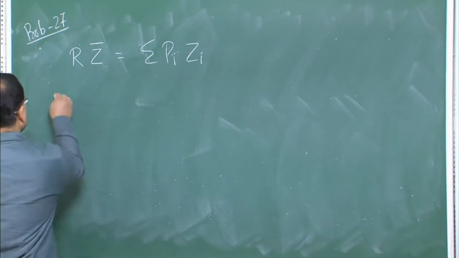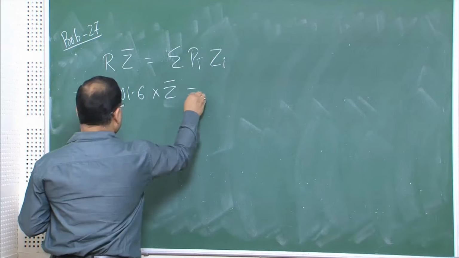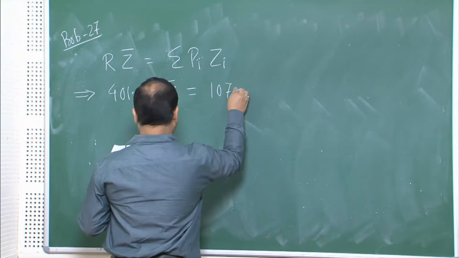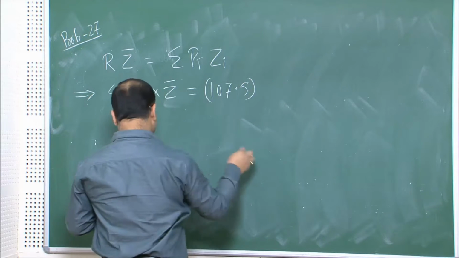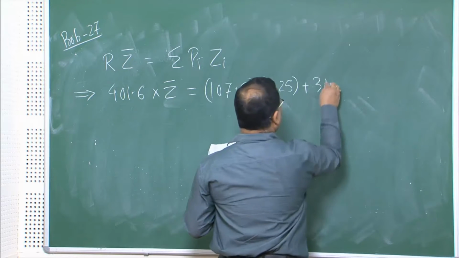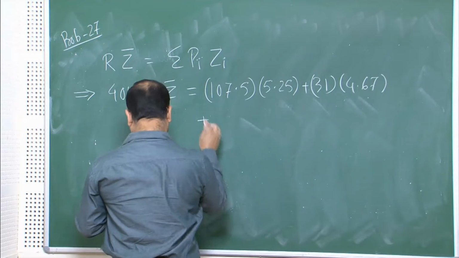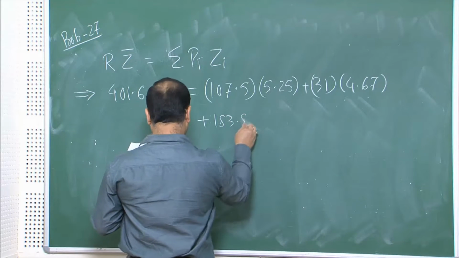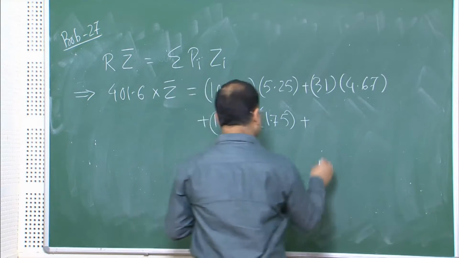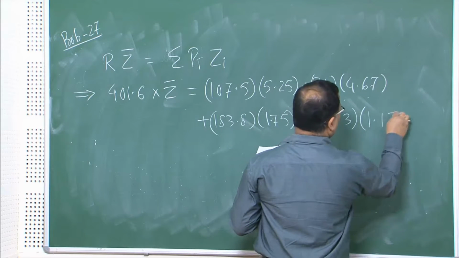So, R you know, so from this I can write 401.6 into Z bar is equal to summation of 107.5 into 5.25 plus 31 into 4.67 plus 183.8 into 1.75 plus 79.3 into 1.17.